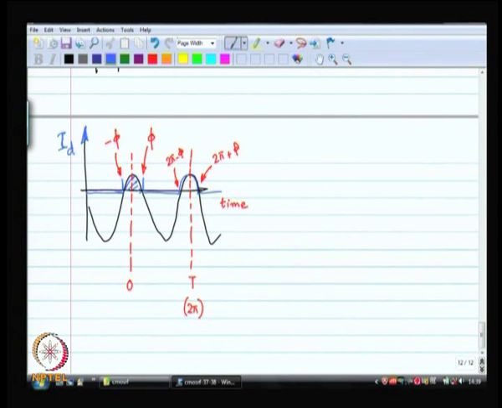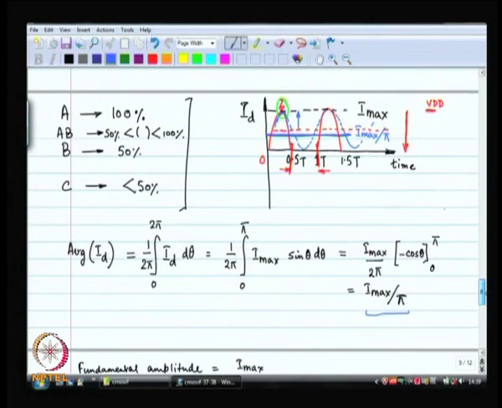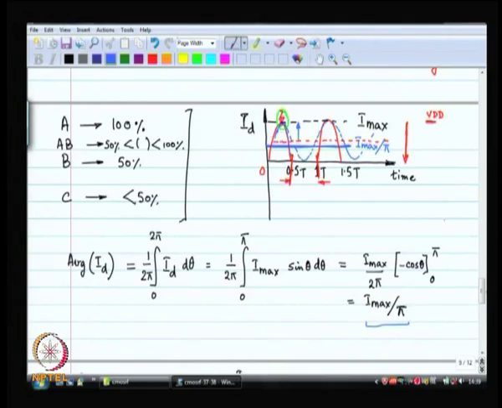Now, once again, the thought is that the average current, I have to find out the average current, average ID, it is the same as before. So, what is the relationship between class C and class B amplifiers? So, class C is just a general version.